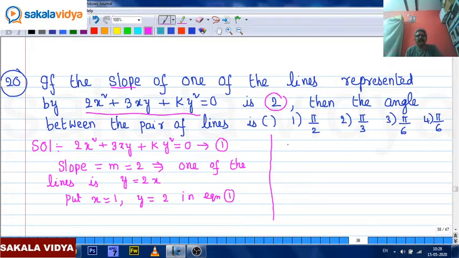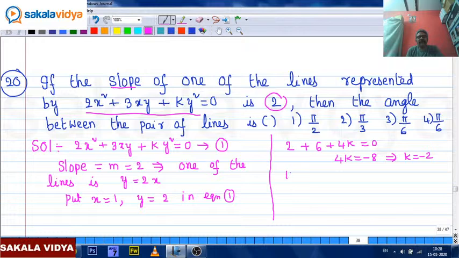So we get 2 + 3k(2), 6, correct, plus ky², 4k equal to 0. 4k is equal to minus 8, k is equal to minus 2.